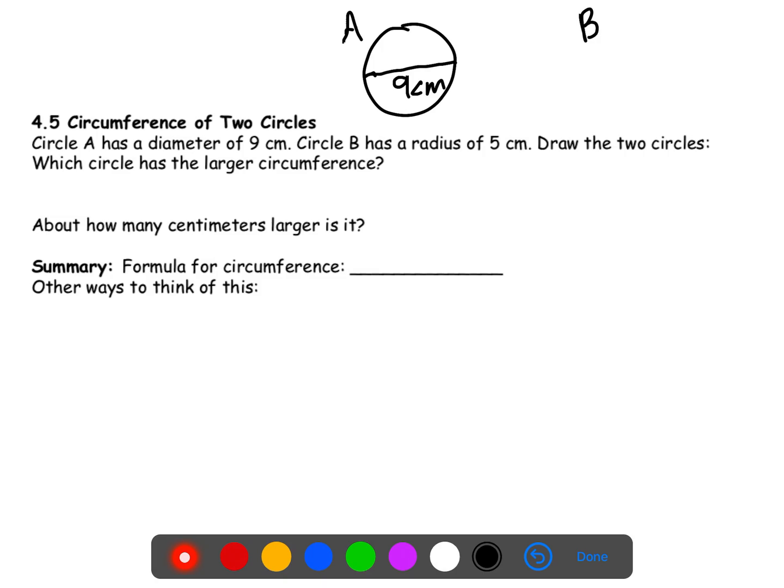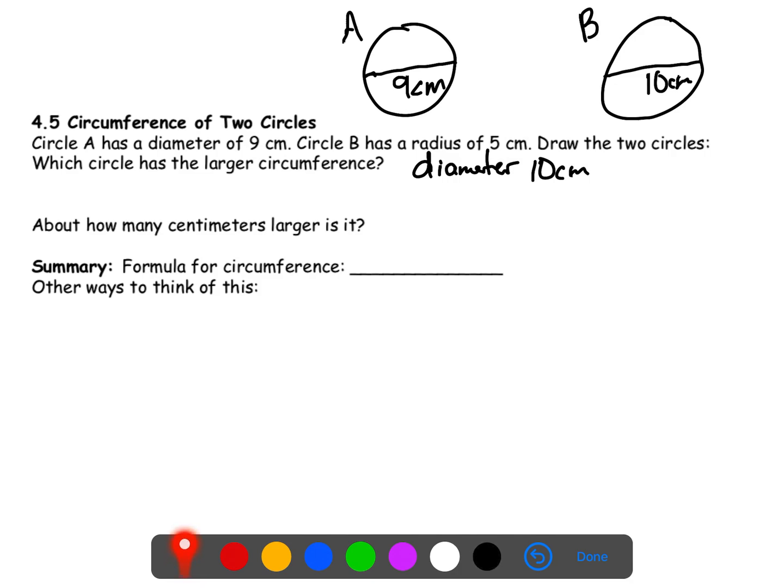Now remember, a radius is half the diameter, so really we're talking about a diameter of 10 centimeters. So right away I know circle B is going to be a little bit larger with a diameter of 10 centimeters or a radius of 5.